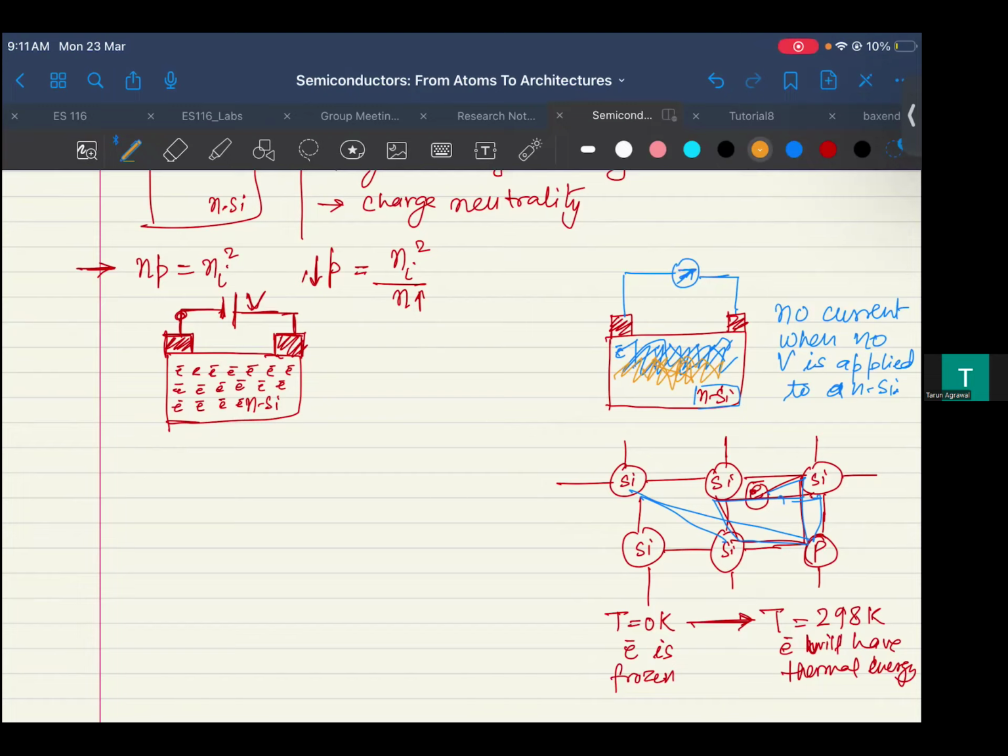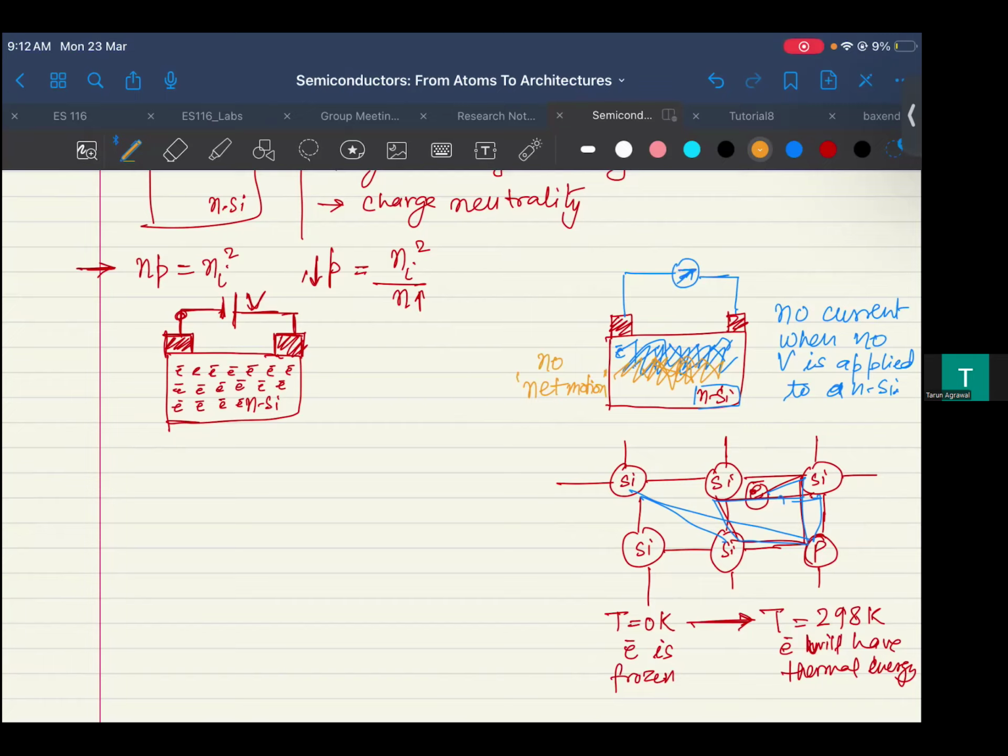It so happens in statistics that when you don't apply any voltage, there is no net motion of the electrons. If you sum over all the electrons, you see there is no net motion.